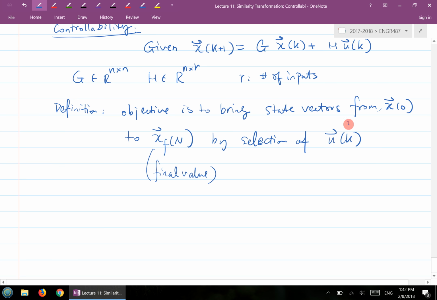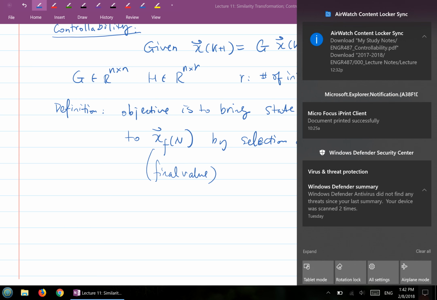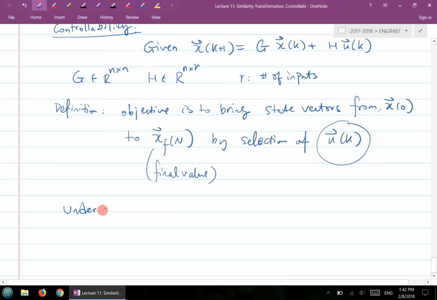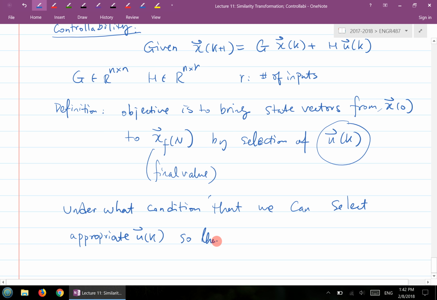For now, we're not trying to find what this input is yet. What we're trying to find for this part is under what condition we can select an appropriate u so that x of 0 goes to here.